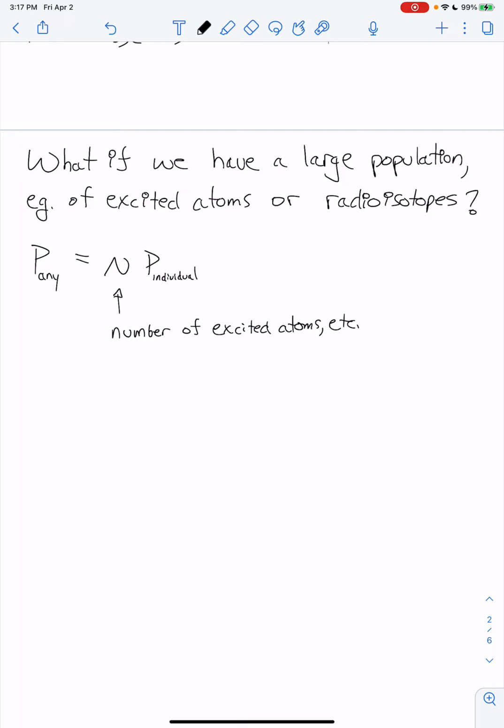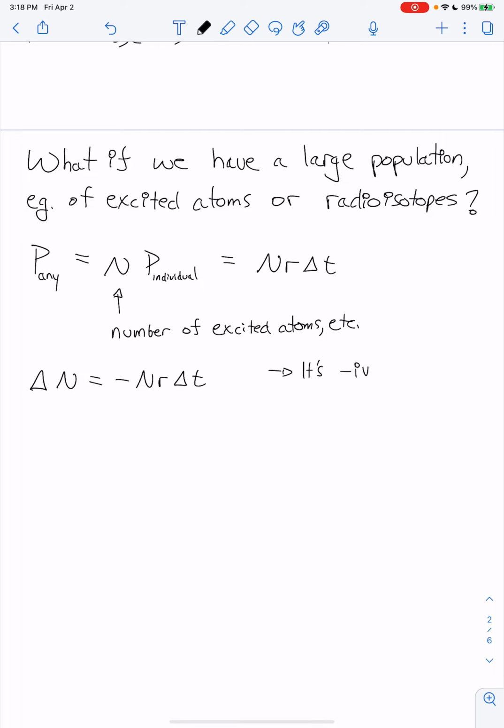Okay, and so we can also write that as n r delta t. So it'll depend on the rate, the decay rate, the amount of time, and how many there are. Now let's write that in terms of the change in that population. So our delta n is going to be equal to negative n r delta t. Now, why is it negative?